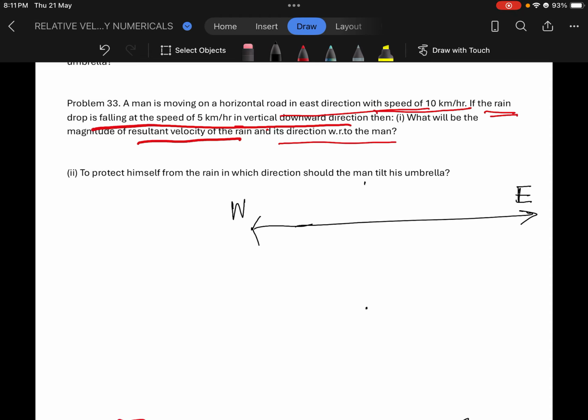Man is moving with 10 km per hour and rain is falling vertically with 5 km per hour. Means what is VR? It is equal to 5 km per hour. And man is going with 10 km per hour. Means what is the VM here?